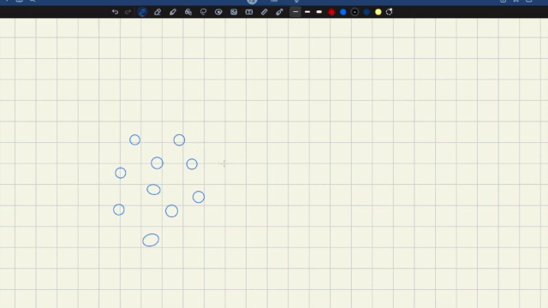Now, how we're going to be solving it is thinking about the definition of potential energy. So, if you have a particle here, and we want to bring another particle to this, the particle exerts an electric field in every direction.